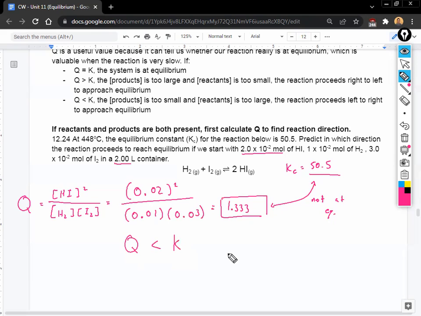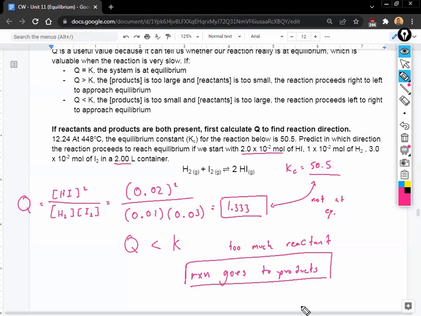We have too much of what? Yeah, we have too much reactant. Okay. We still have too much reactant, which means that the reaction is going to go towards the products. Okay, so the reaction goes to products. Okay, and that is what this is telling us. Okay, and that's it. That's how you use Q.